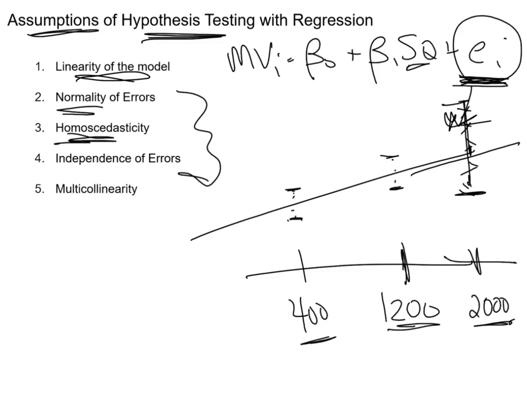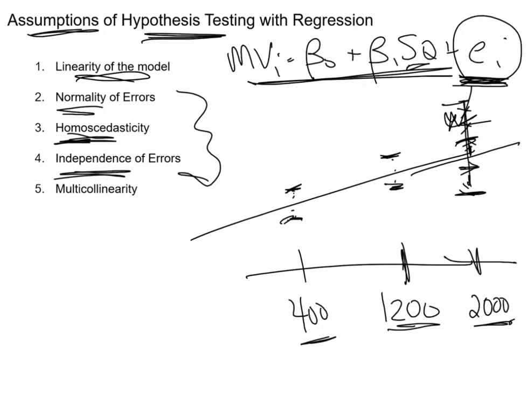Homoscedasticity says, no, no, no: the spread of the errors is the same for every value of X. It's something that we can investigate, and if we discover that we don't have homoscedasticity, then we have heteroscedasticity, and there are some simple things that we can do to our regression to try to adjust for that. Again, a little beyond this class, but I wanted to say it out loud.